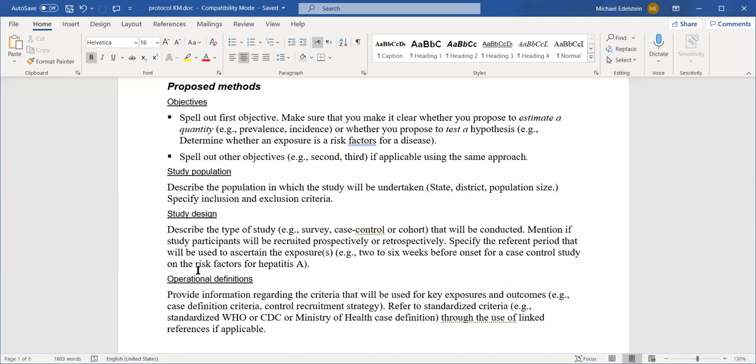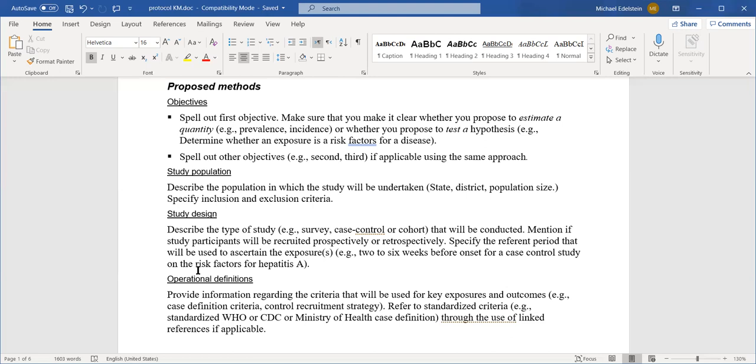It can be to estimate, if you're counting something, you're estimating the prevalence or the incidence of a particular problem. Say, you're estimating the proportion of PET CTs which have incidental findings in the head and neck, for example. That's a quantitative thing. That's if you're looking at a single group.